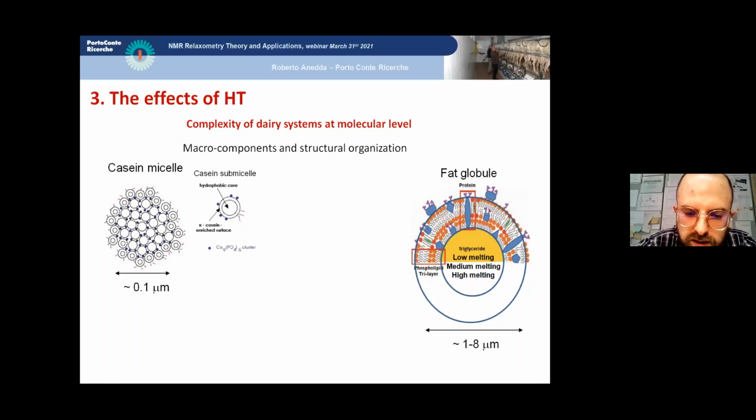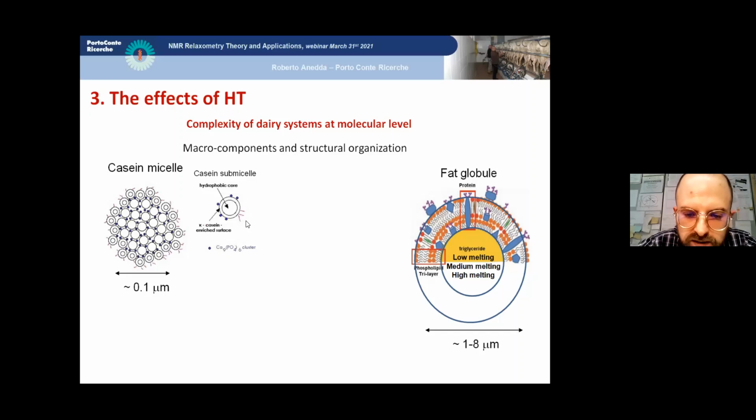And colloidal calcium phosphate, which are calcium phosphate clusters, the small black spots in this figure that you can see here, and they stabilize the casein micelles. The mineral equilibrium of calcium phosphate between the solution and the calcium phosphate clusters influences micellar hydration state.